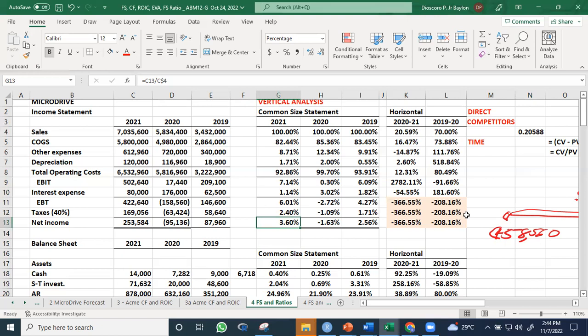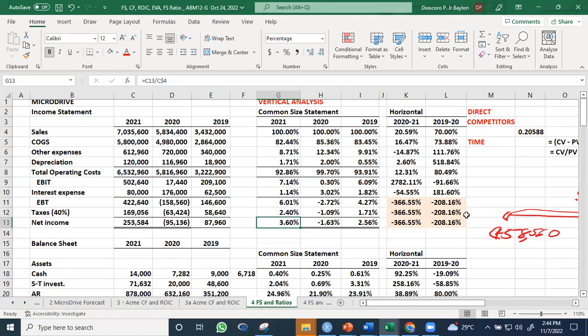So it's always in the context of the industry average or the direct competitor. It's never taken in isolation. All we can say is that for every 100 pesos of sales, the company earned profits of 3 pesos and 60 centavos.